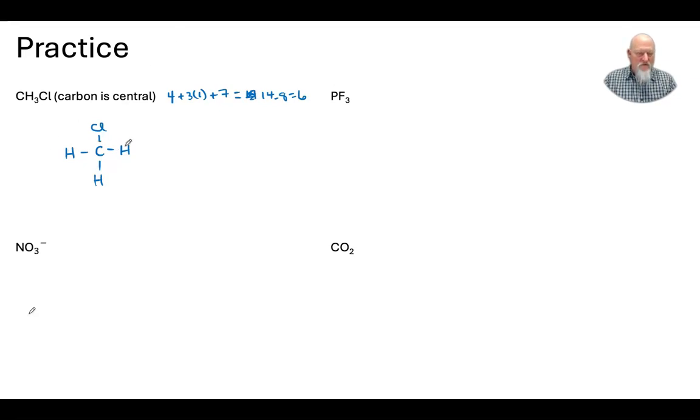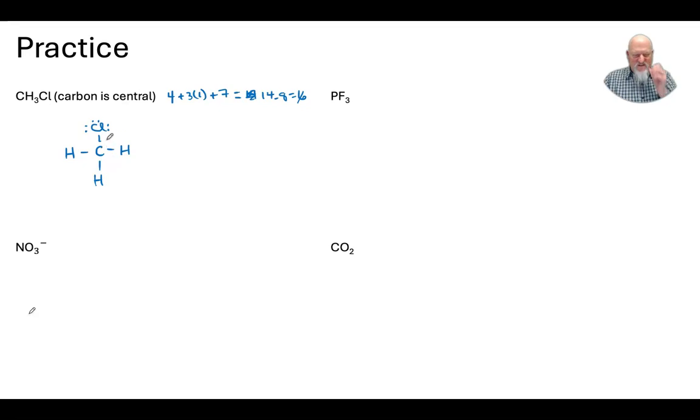Remember, the hydrogens only get the one bond and that's it, so they're done. The chlorine, I need to put 6 more electrons around to give it 8 total. When I do that, it gets 8 total, 2 in the bond that's shared with carbon, and then the 6 in the lone pairs. So that's all the electrons I've got.